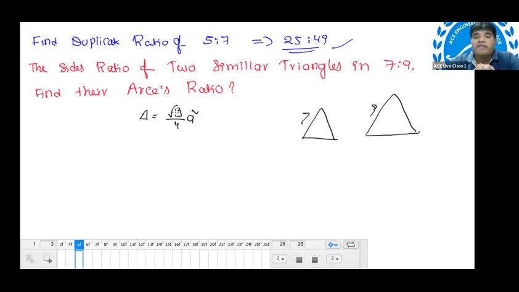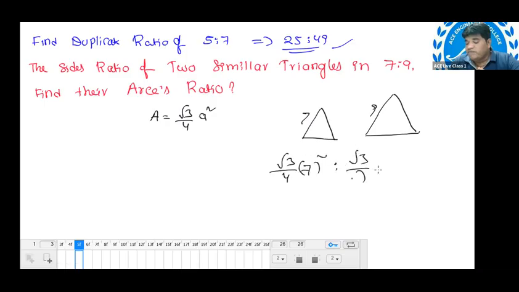Depends upon the given variable, we have to write the corresponding formula. So the answer is root 3 by 4 times 7 square is to root 3 by 4 times 9 square. Root 3 by 4 cancels, and the answer is S1 square is to S2 square.